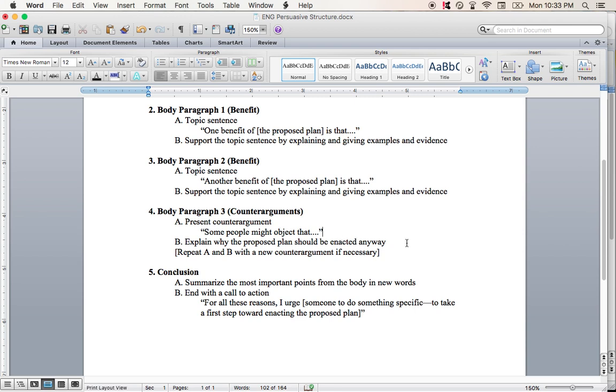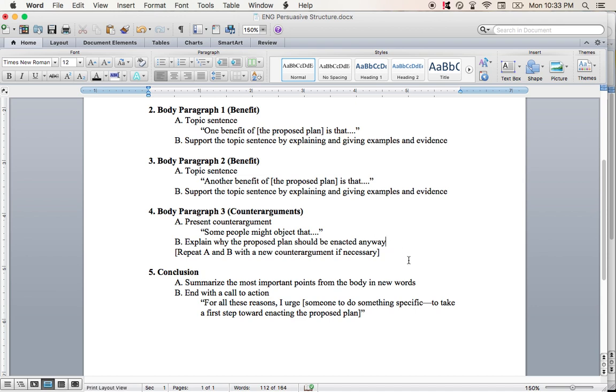And then, once you have stated the objection, the counter-argument, then you're going to explain why your proposed plan should be enacted anyway. However, this plan actually would work because, however, the advantages outweigh the disadvantages because, and you're going to explain why your plan should be carried out.